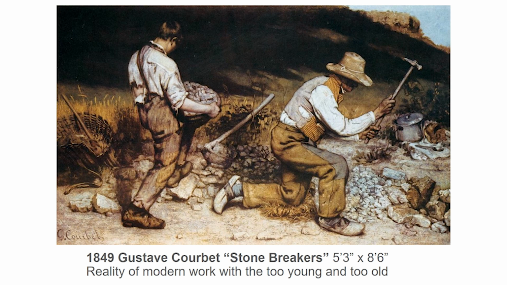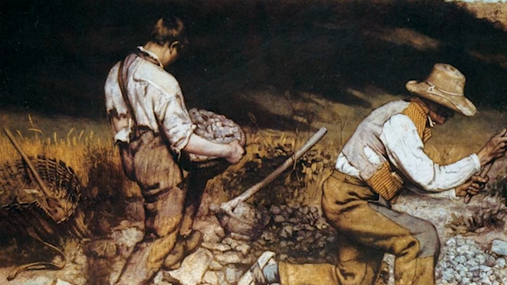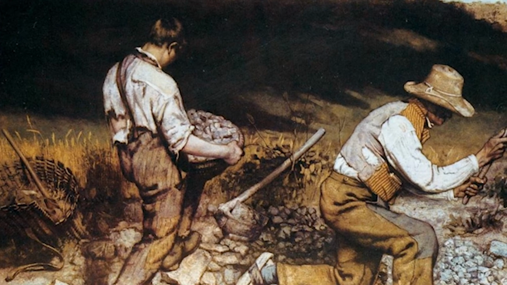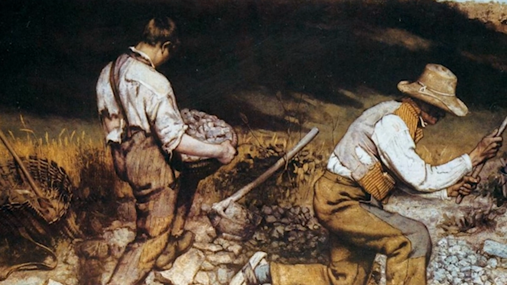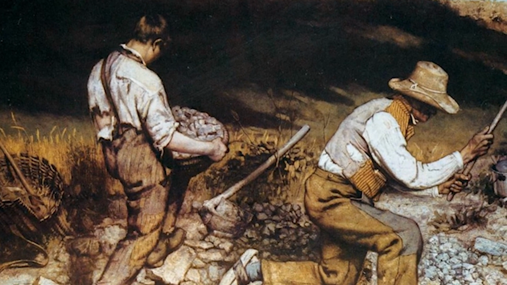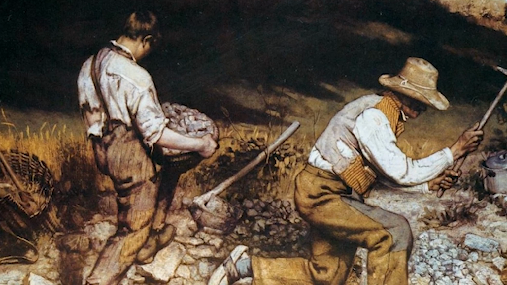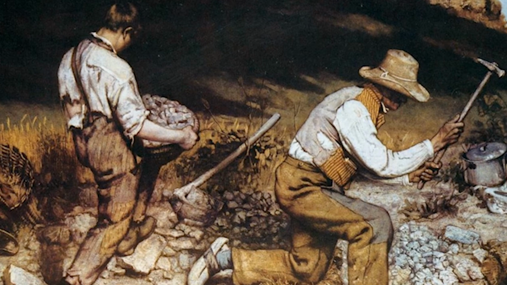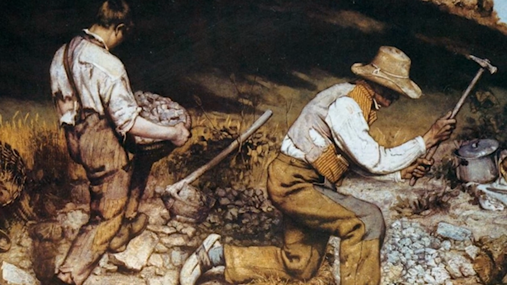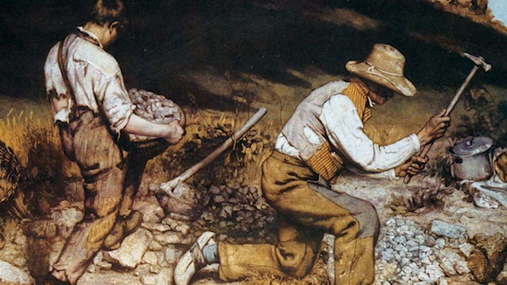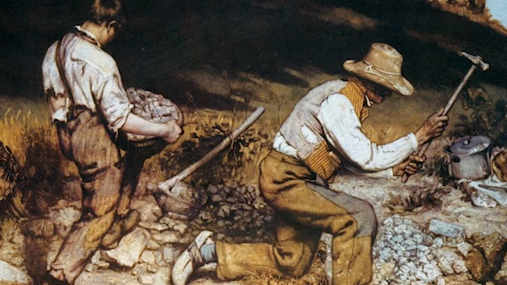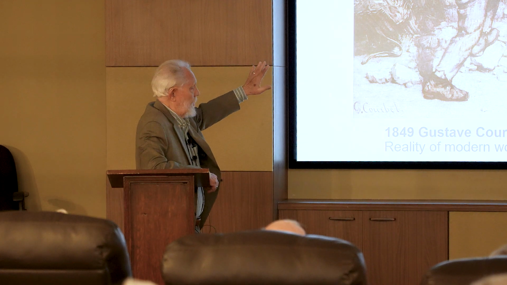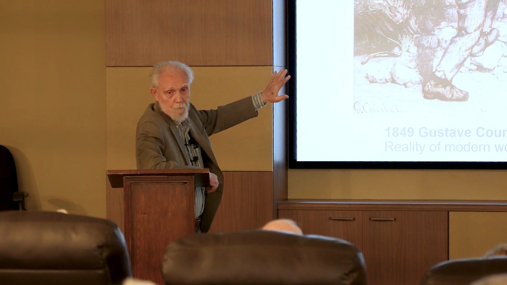And you'll notice how he creates this sort of flat space. He's got one figure who's holding this basket of rocks. He looks like a very young boy. Then you've got the guy with the hammer, looks like he's breaking the rocks, and he looks quite elderly. It's mind-numbing, dumb work.